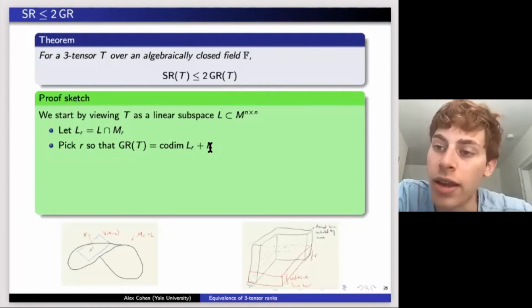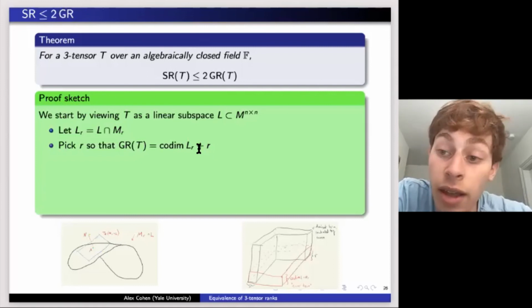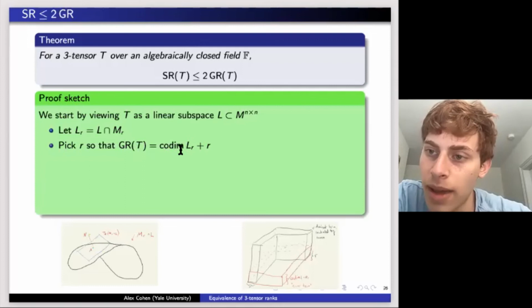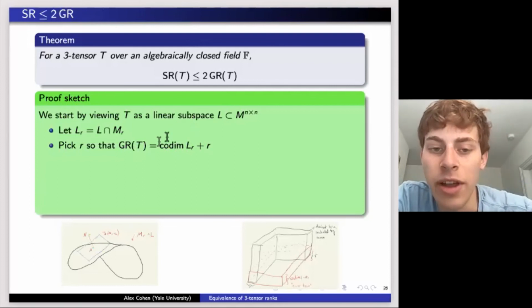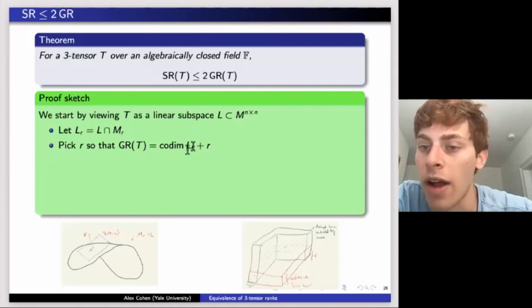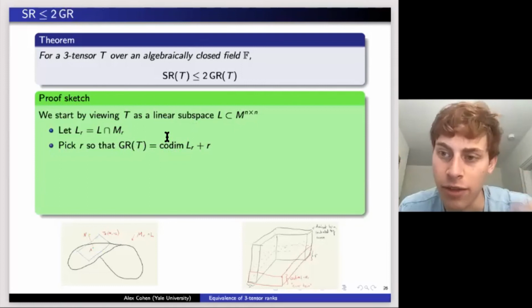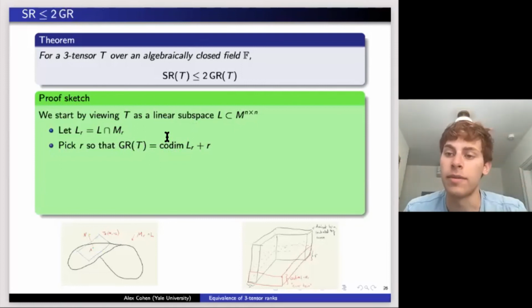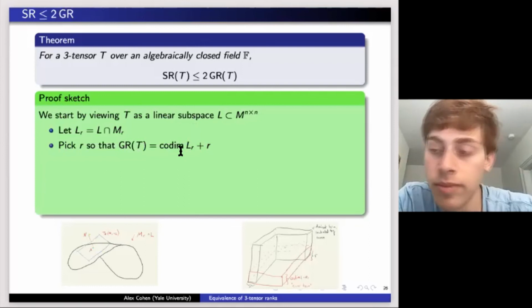The geometric rank is small if you can find a very large subvariety of matrices, all of which have small rank, and they're balanced by summing. It makes sense: the geometric rank is small if you find this large subspace of matrices with small rank. And we pick R so that we get equality, in fact the minimum R so we get equality.